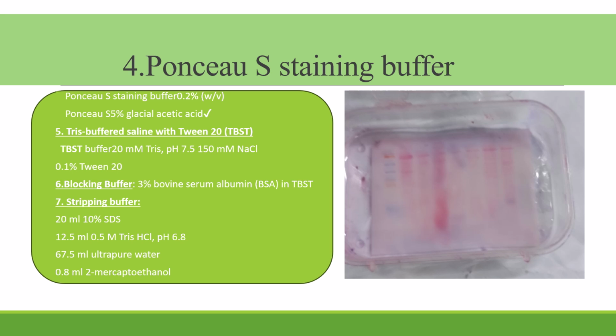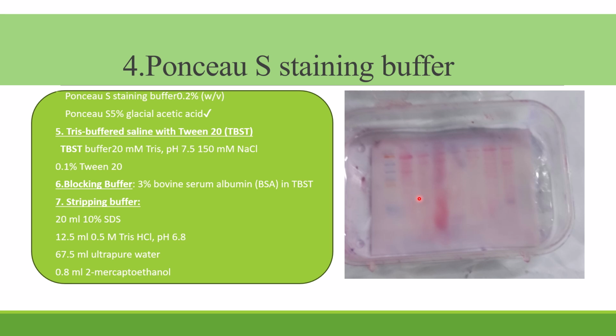Ponceau staining, I didn't tell you about it, but this is done to check whether the transfer was proper or not. Suppose you have run a gel where you have loaded certain samples, like 12 wells or 10 wells. After transfer it is a transparent membrane, right?